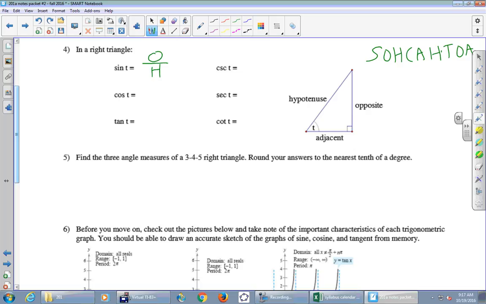Cosine is adjacent over hypotenuse. Tangent is opposite over adjacent. And then again, as long as you put the other 3 in the right spots, it's all reciprocals. So hypotenuse over opposite, hypotenuse over adjacent, and then adjacent over opposite.